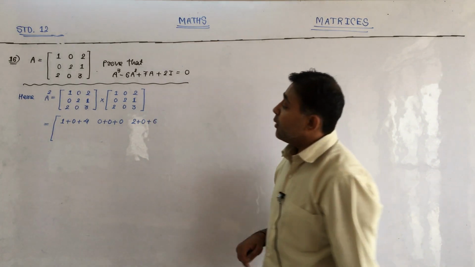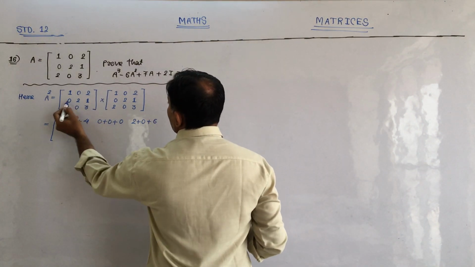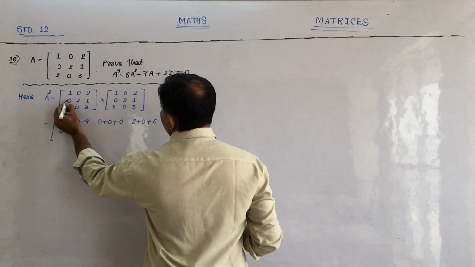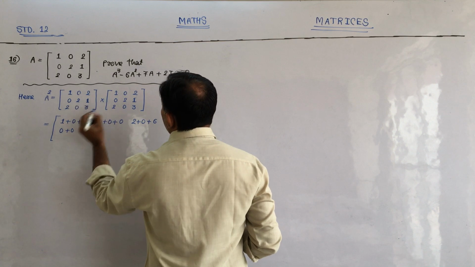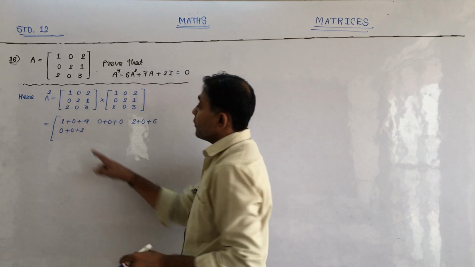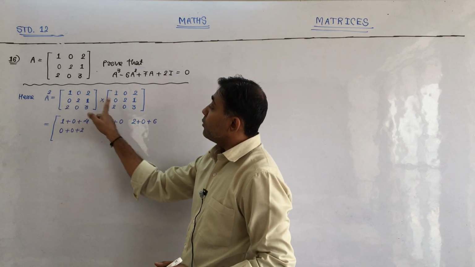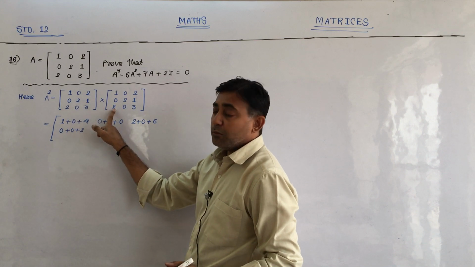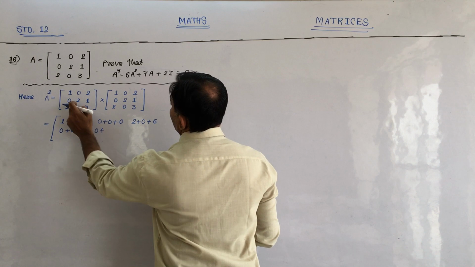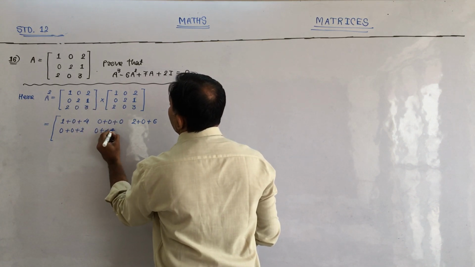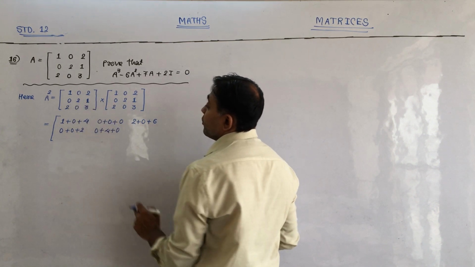Now second row first column: 0 into 1 is 0, plus 2 into 0 is 0 and plus 1 into 2 is 2. Now second row second column: 0 plus 4 plus again 1 into 0 is 0.